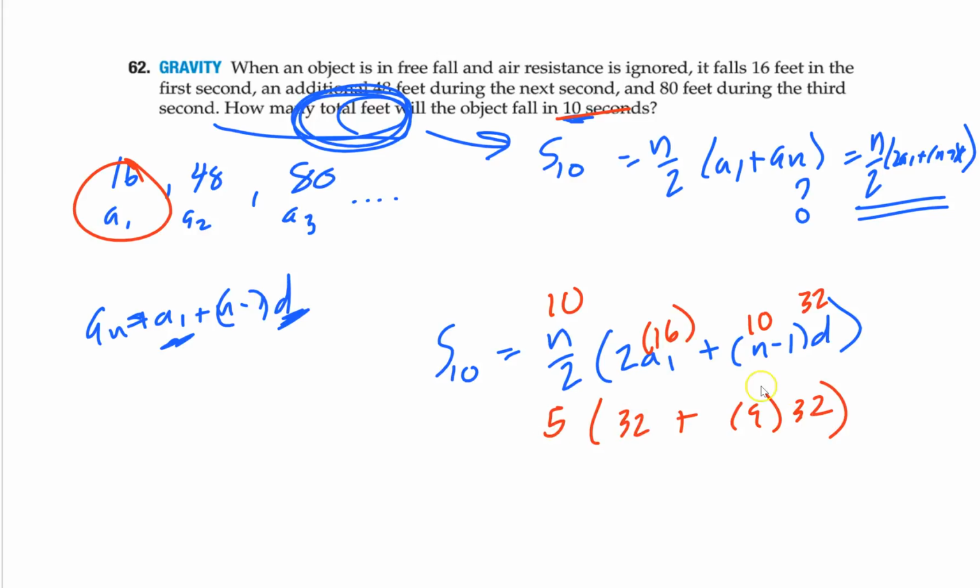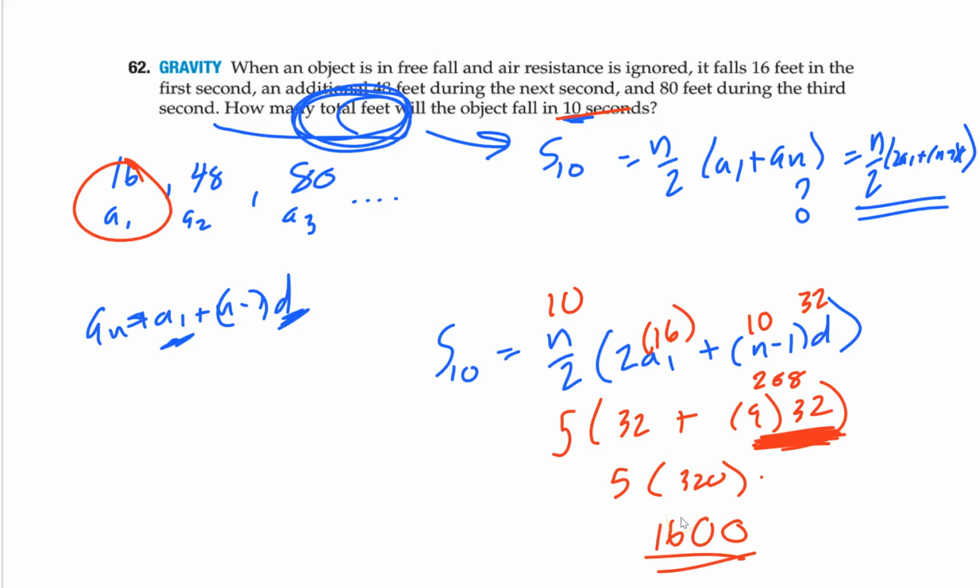Very important thing here, guys. You can't get lazy inside here. Order of operations, this goes first, because you're multiplying. I see so many people add 32 and 9 first, and it hurts me. So this goes first. And really quickly, this will be 288 plus 32. So it'll be 5 times 320, which equals 1600. And that's it.